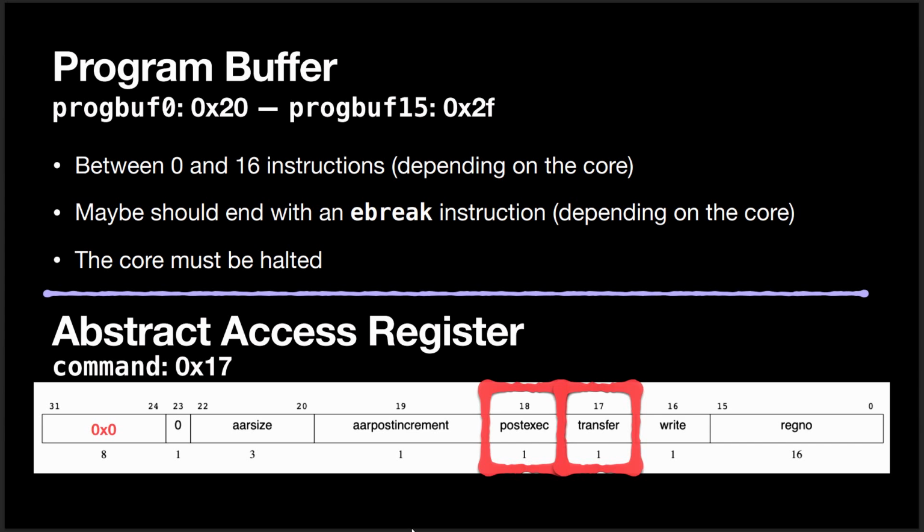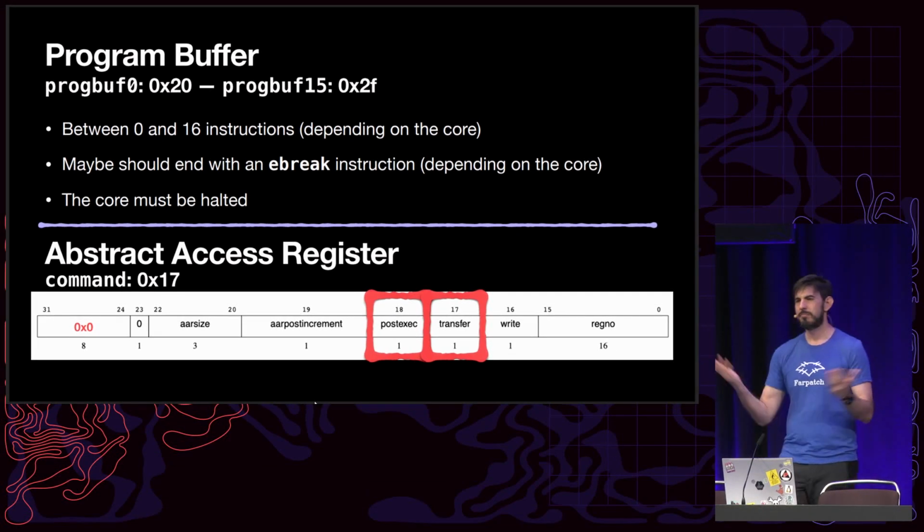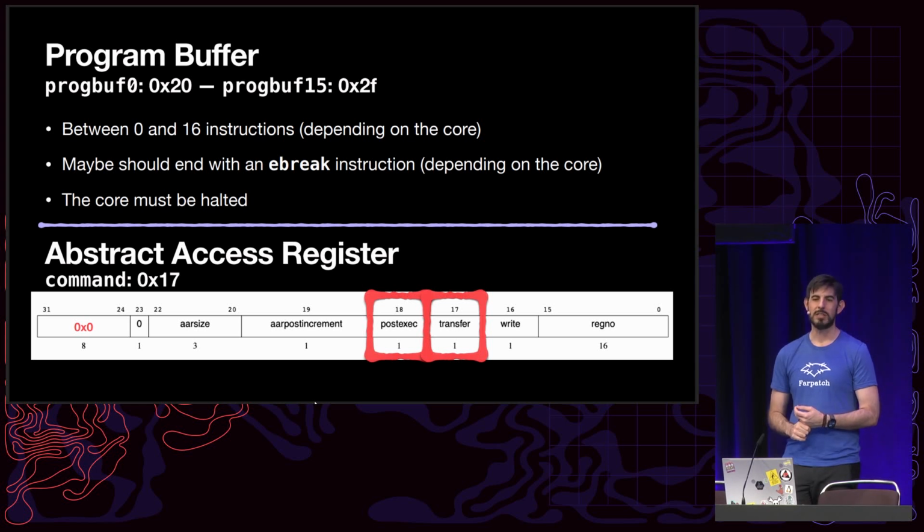But for the most part, you have to put an ebreak at the end of your program to tell it that, hey, I'm done with this. It's a lot of unspecified values here. For example, it's not specified if the program actually gets put in memory. It might just be in a special value that gets stuffed directly into the pipe. This is all unspecified, and the designer can do whatever they want.